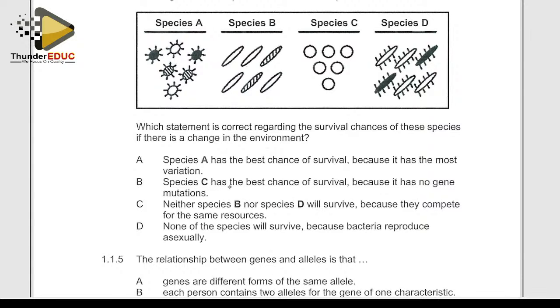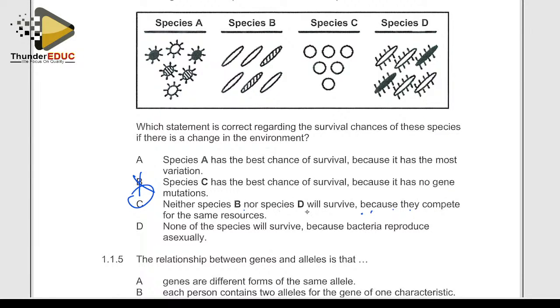Species C has the best chance of survival because it has no gene mutation. If there's no gene mutation, then automatically it can't survive. That is wrong.